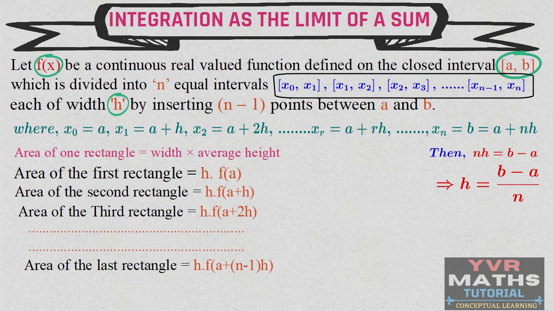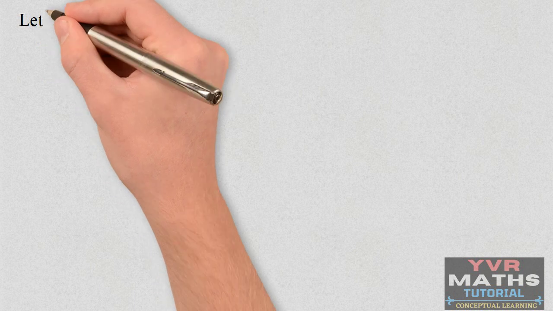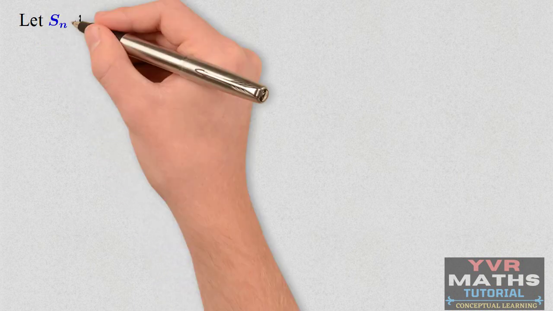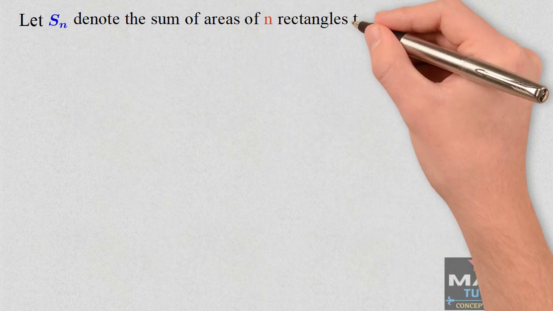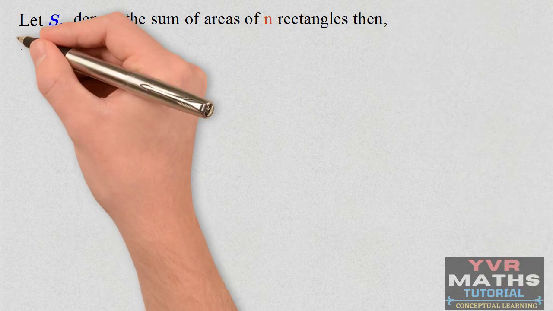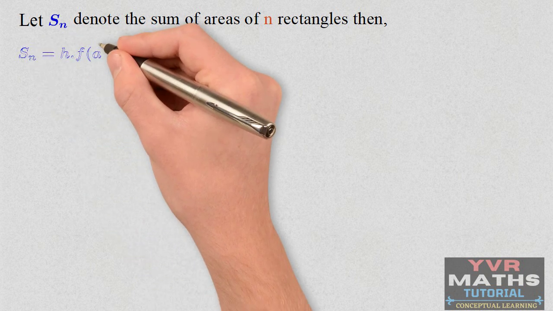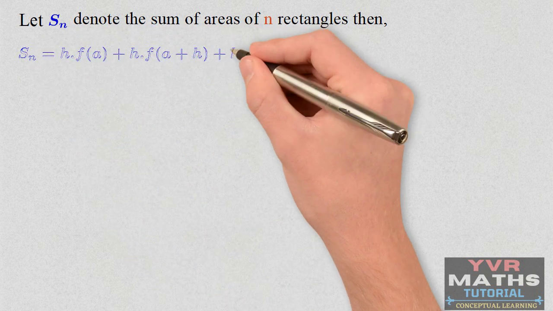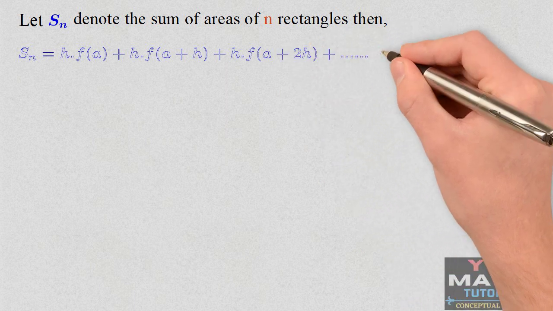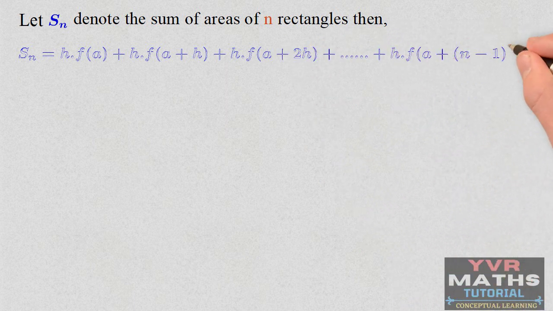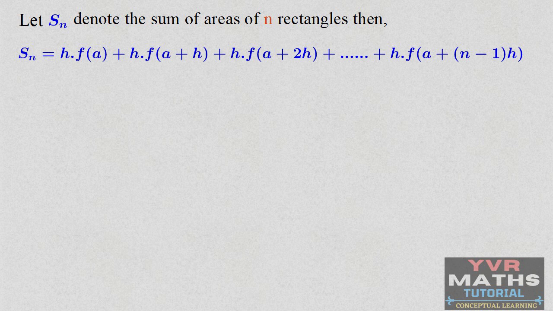So till now, we discussed areas of n rectangles. The sum of all these rectangles, if we denote with the notation Sn, then what we will get? See here, let Sn denote the sum of areas of n rectangles. Then Sn can be written as h into f of a plus h into f of a plus h plus h into f of a plus 2h plus up to so on h into f of a plus n minus 1 into h.